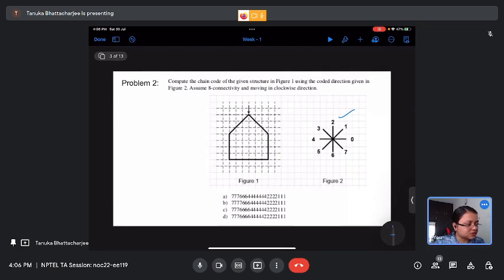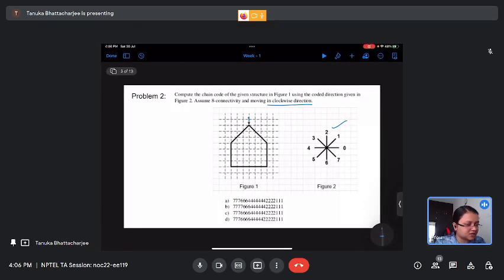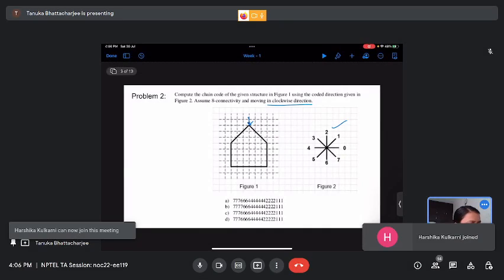The east direction is encoded with 0, and in the anti-clockwise direction we have 1, 2, 3, 4 till 7. These are the 8 directions we will consider while performing the chain code, and we have to move in the clockwise direction. Here this point is marked as the starting point, and from here we will move in the clockwise direction to form the code.